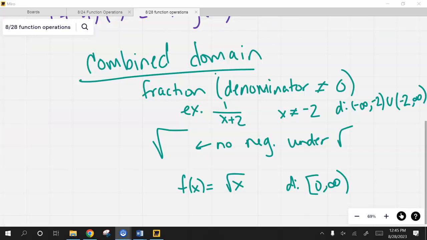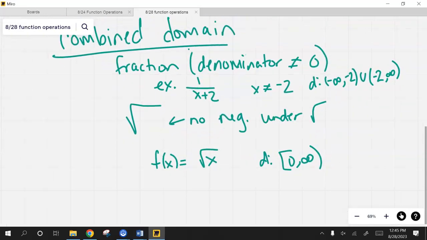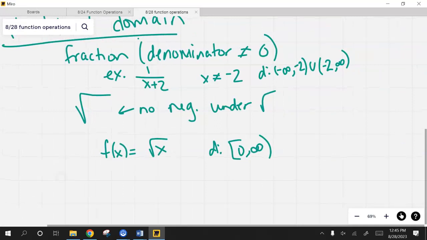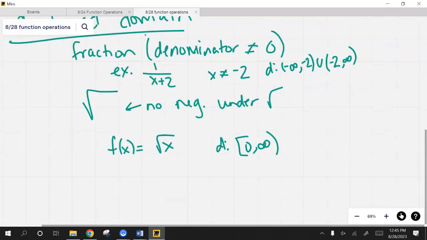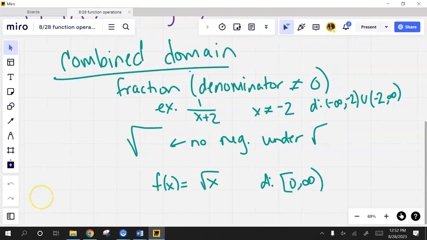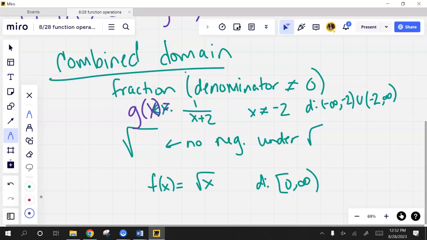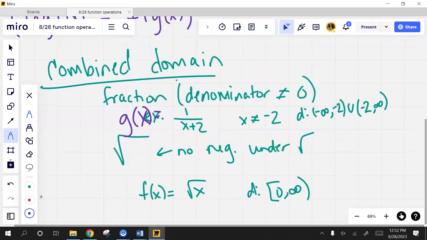In other words, if I told you f of x was the square root of x, this function leaves out negative 2.